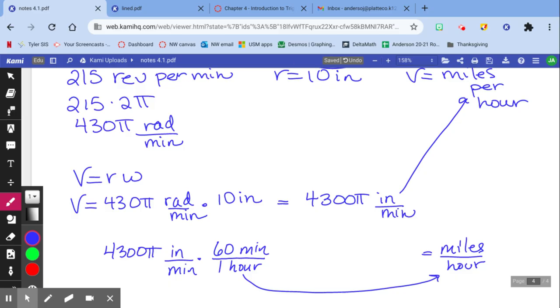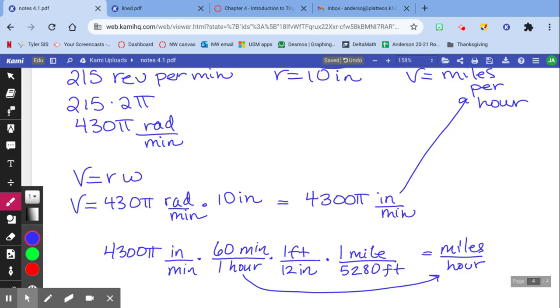Now I need to go from inches to miles, right? So I know that there is 1 foot in 12 inches. So that's going to cancel out my inches and get it into feet. Now I know that there is 1 mile in every 5,280 feet.